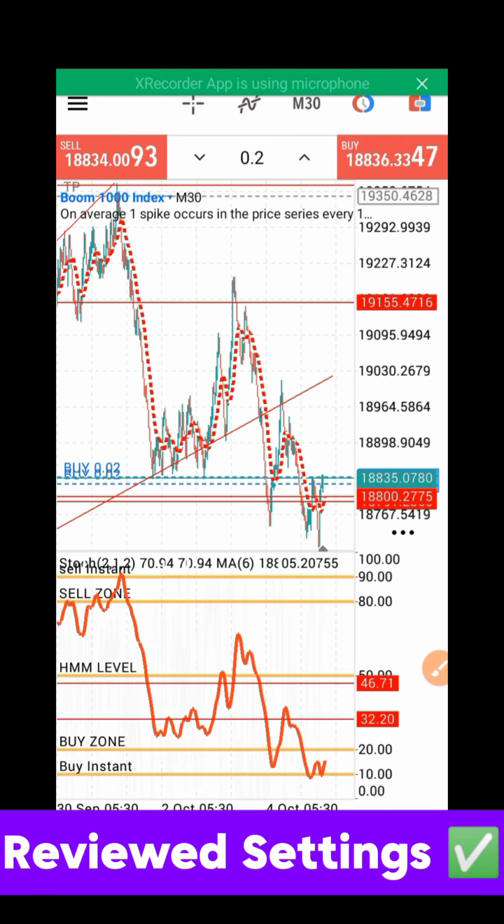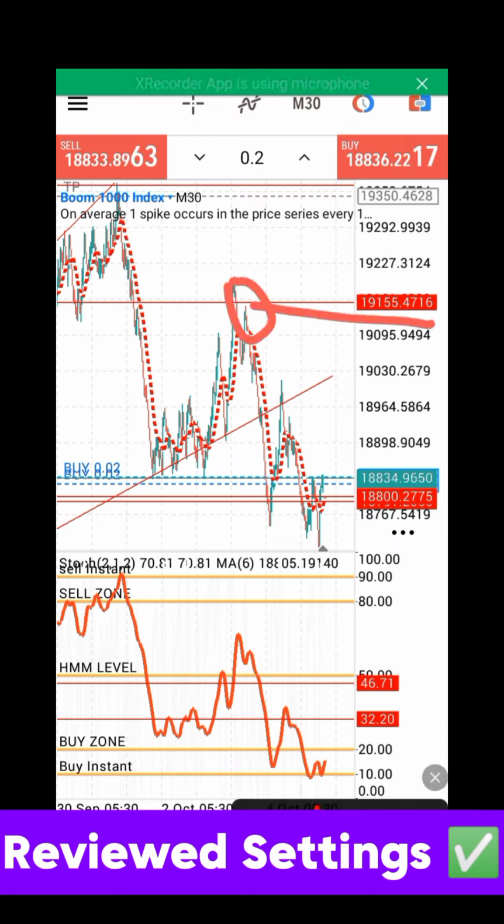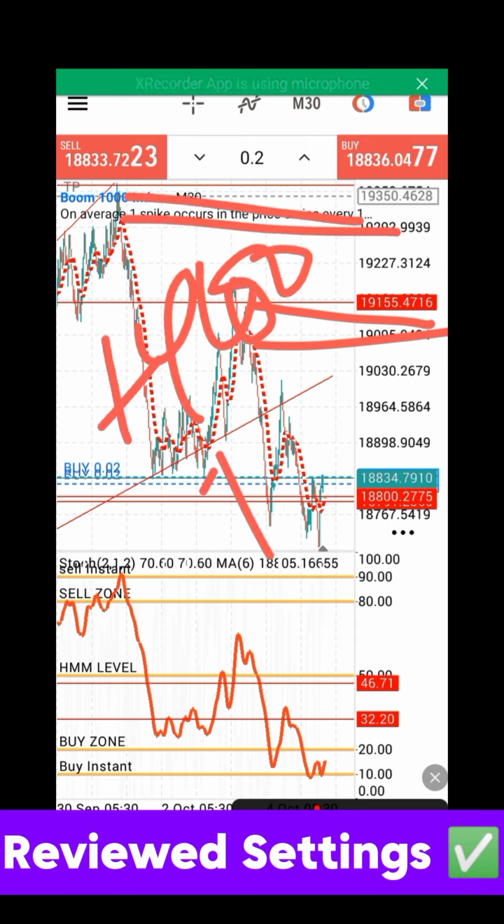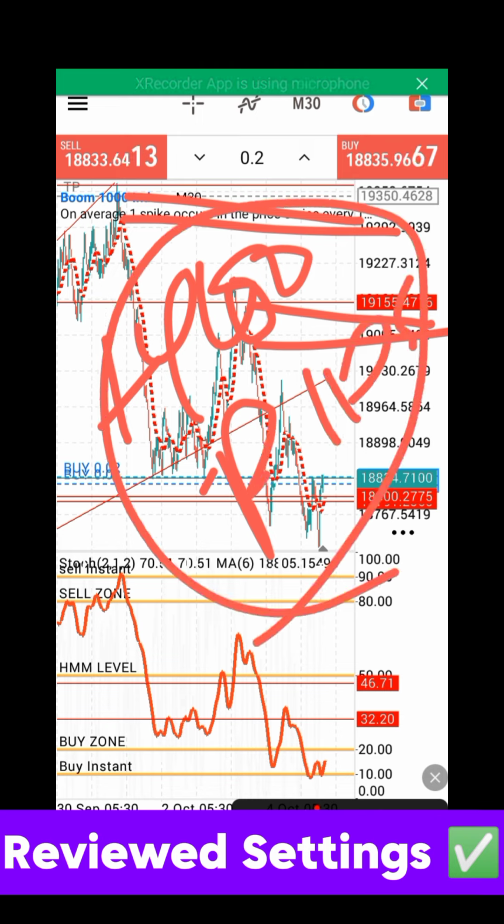So these are the possible Boom and Crash trading targets you can have. TP1 around here, which is around 200 pips or 300, and TP2 around here, which should be around 400 pips plus. Those are the targets you need to have.